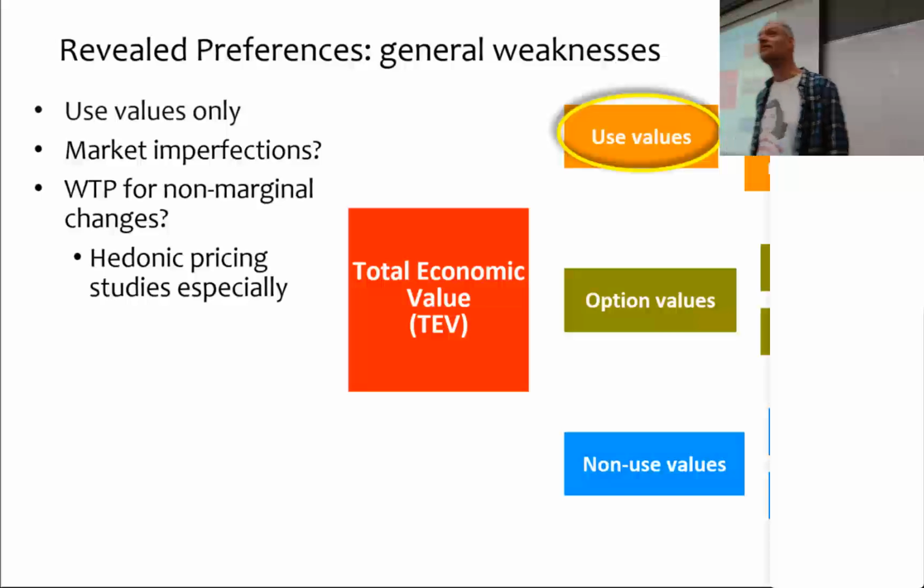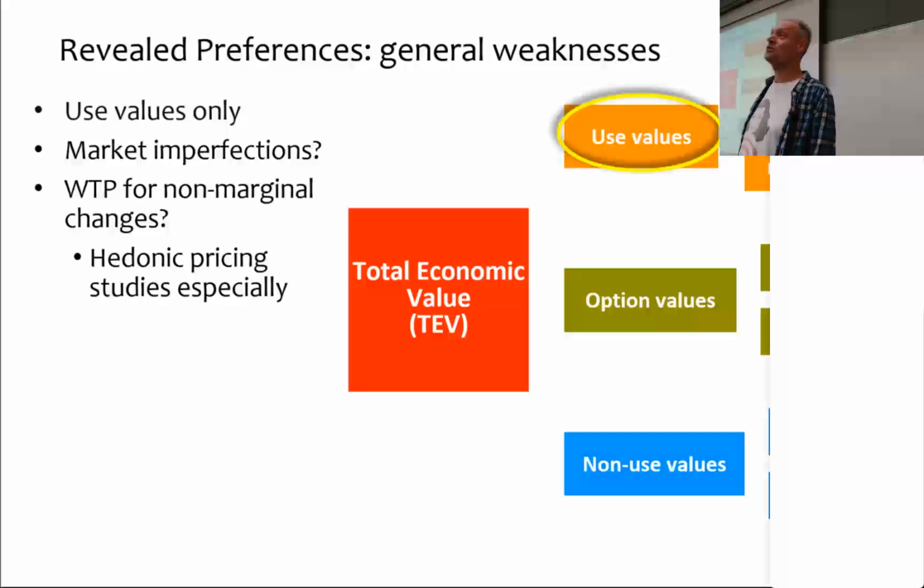Obviously, there's also weaknesses to this method, and the most important one here is that if you're looking at people buying a house, or you're looking at people traveling to the beach, and you infer their preferences for the environment, for the beach, for whatever, you're essentially inferring their use values, and typically only their direct use values.